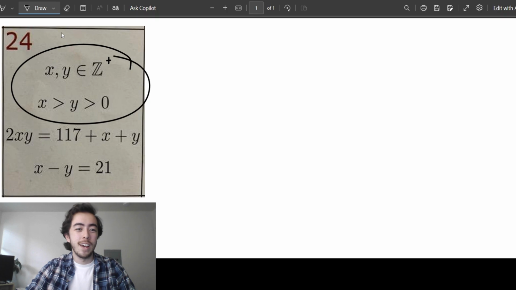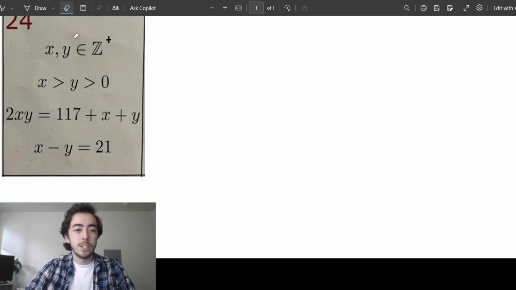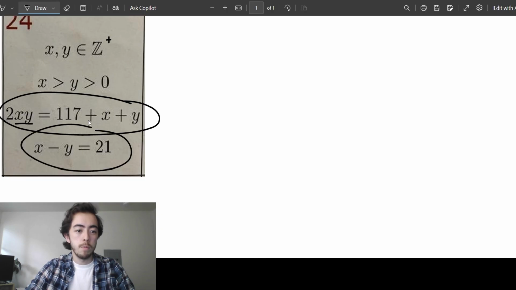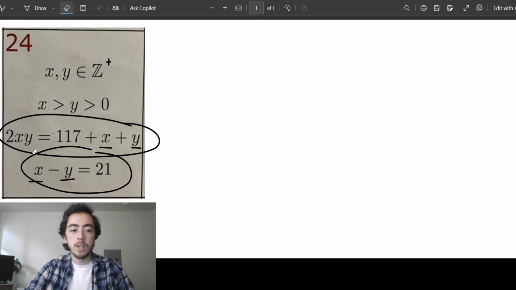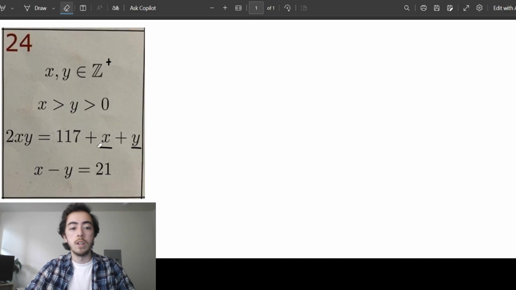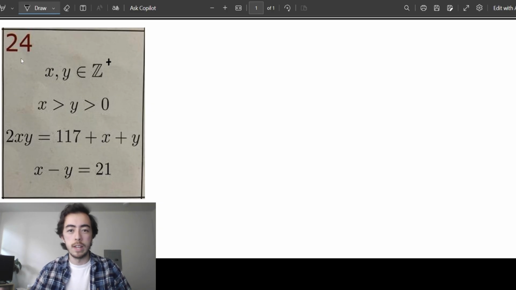Okay, knowing that x and y are both positive integers, we can take a look here, and I see two equations. Both of them have information about x and y. And so usually whenever you have two equations and two unknowns, you can solve for both. Now that's not always the case, but that's a nice generalization. So I know from this setup, we could probably figure out what x and y are.